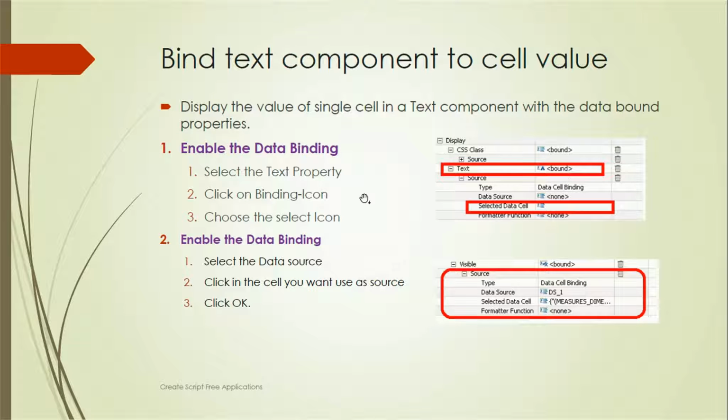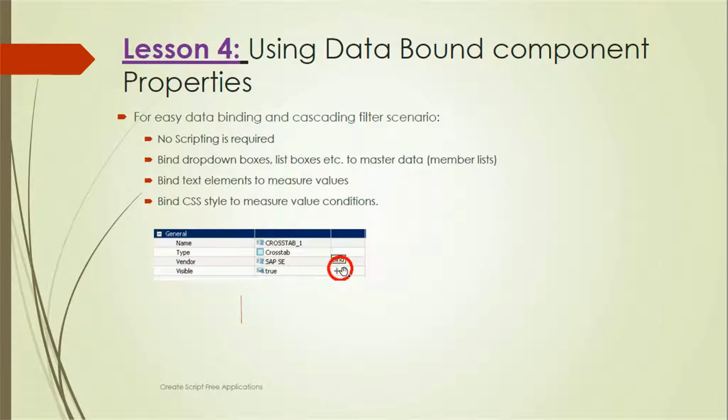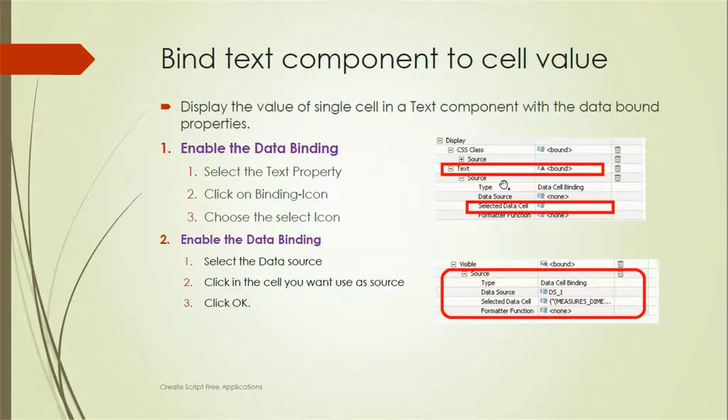Whenever we click on this plus icon, this part gets populated, which will ask us for a source. What is the data cell binding? What is the data type, and what is the source, whether it is ds1 or ds2, whatever data sources we have created.